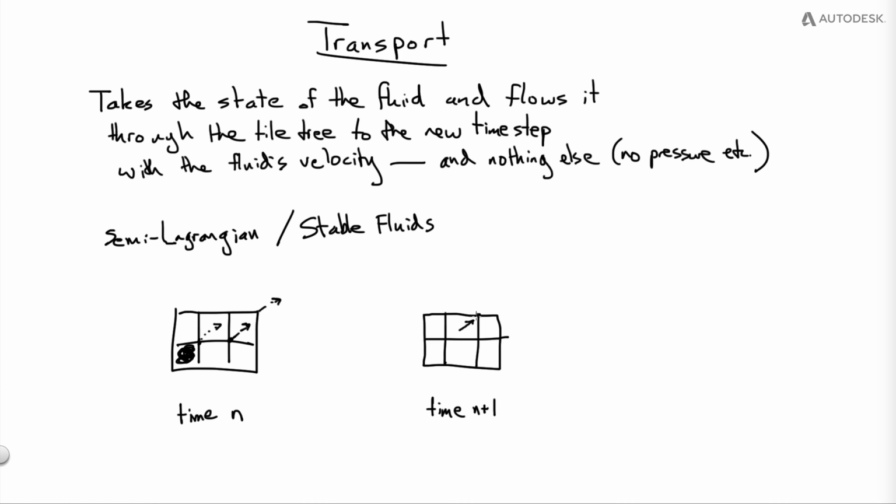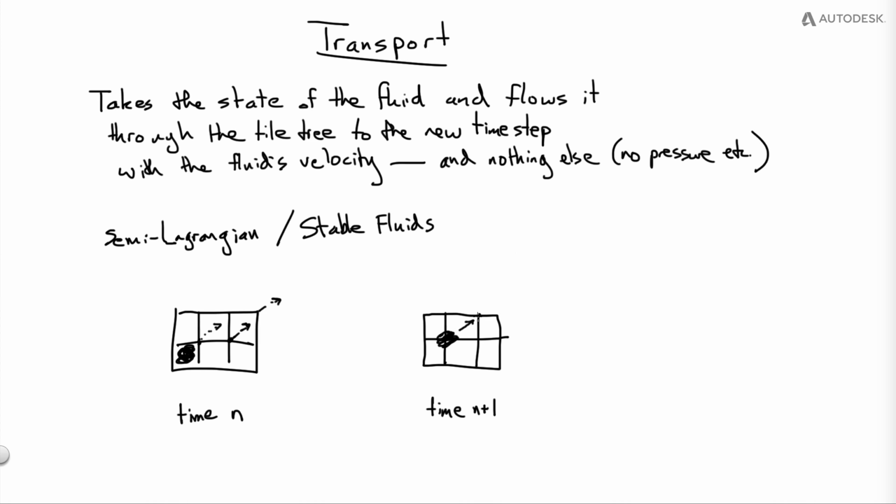So the new value of the fog here should be the old value of the fog back here when I trace back through the velocity field. If you do this at every grid point, trace back and then interpolate in the old grid, you get the transport of whatever channel it is. So we do that for things like fog and temperature, but we also do it for the velocity field itself, which is a little mind-bending because we're moving the velocity field in the velocity field. But we fix how things are flowing, and then we trace any channel, and it doesn't matter how you interpret that channel.